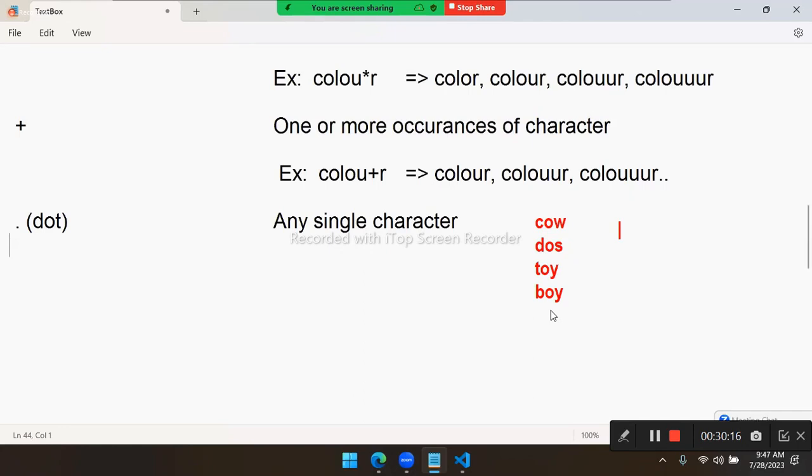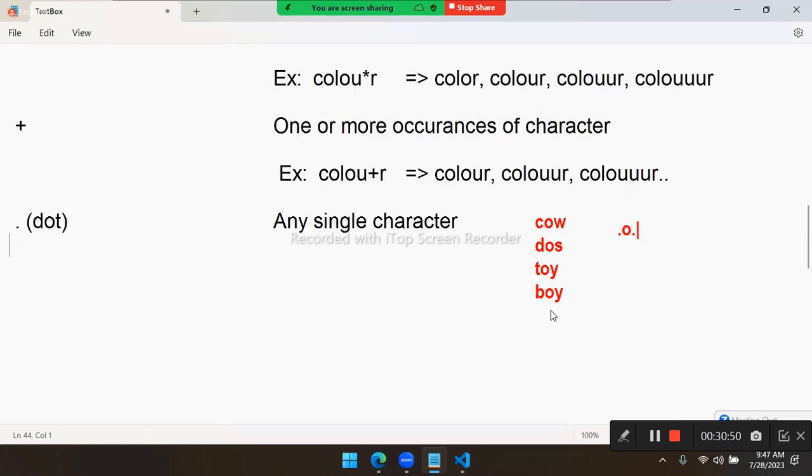And what is another similarity? All are how many characters? Is there any similarity in first character? No. Is there any similarity in last character? No. That means total 3 characters only. First character can be anything, last character can be anything. In between it should have O. In that case, we write dot O dot. We write like this, dot O dot.